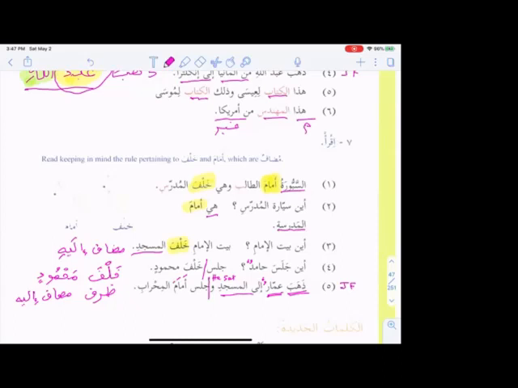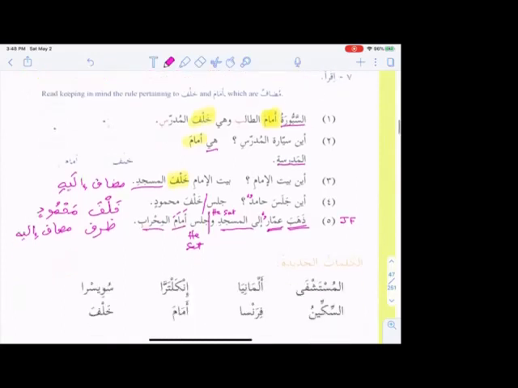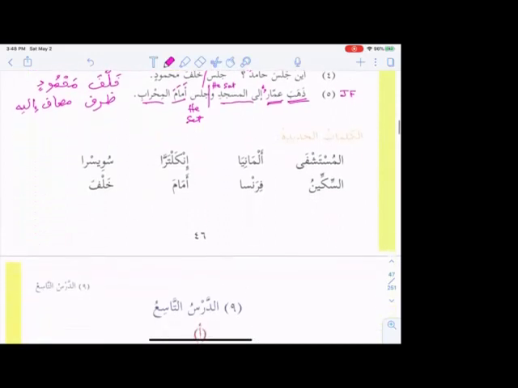Fine? He sat. Who's that he? That is the Ammarun. Wa jalasa. This is fi'al, fa'il mustatir, huwa, amama, zarf only, mihrab, mudaf ilayh. That's it. No more. Okay, my brothers and sisters.